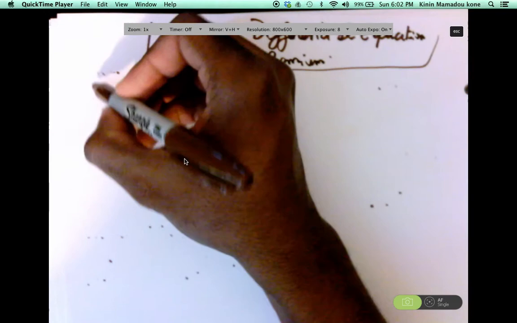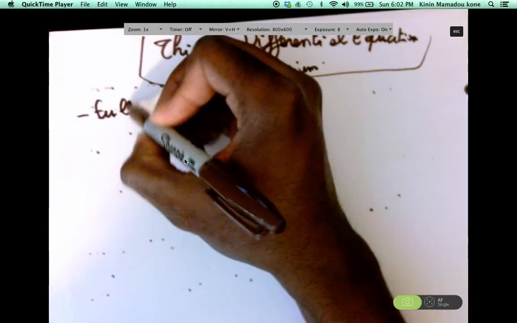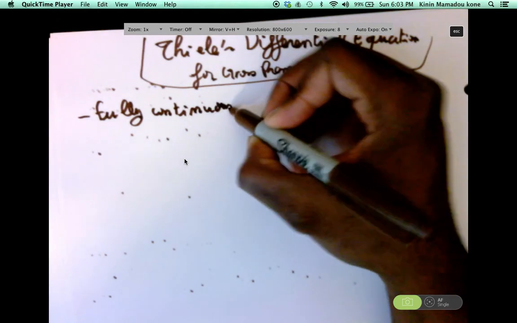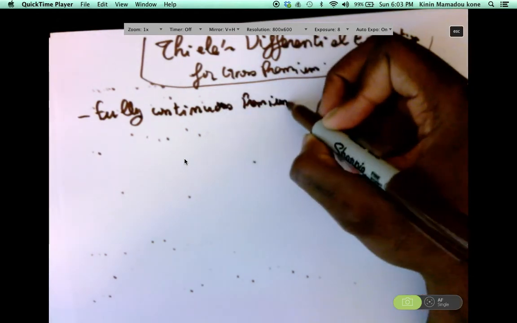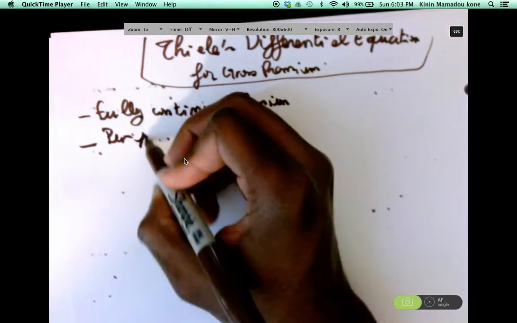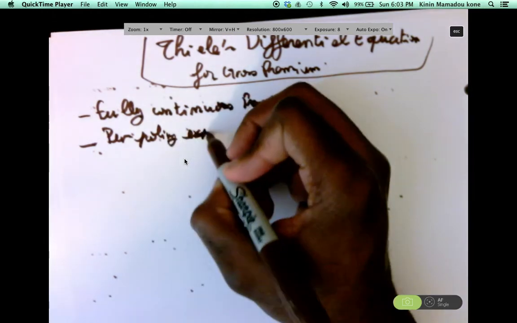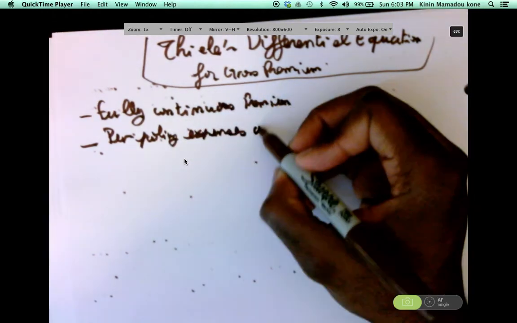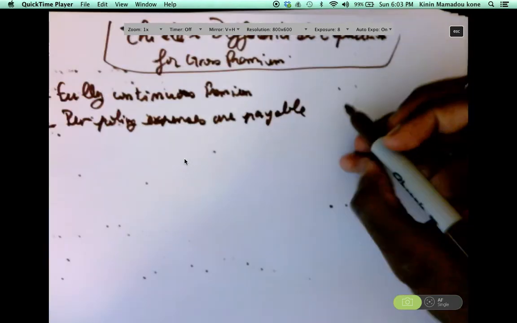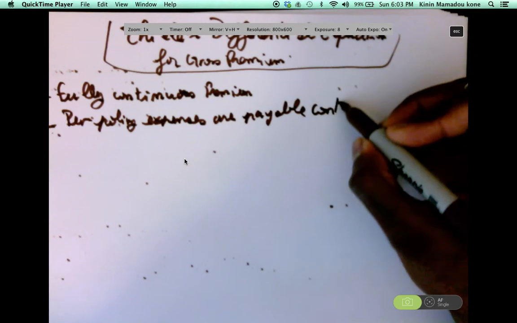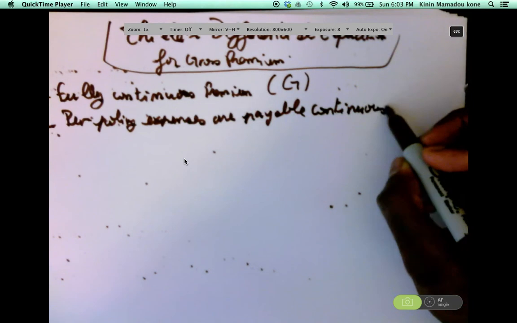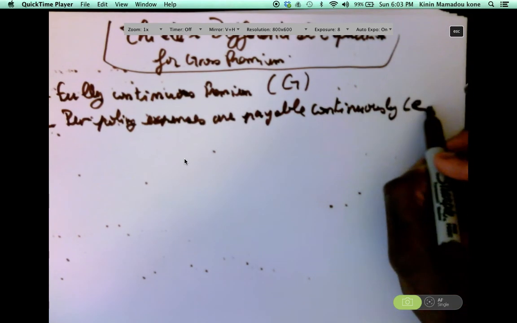The condition is that the premium and per policy expenses are payable continuously, and you take that into account.